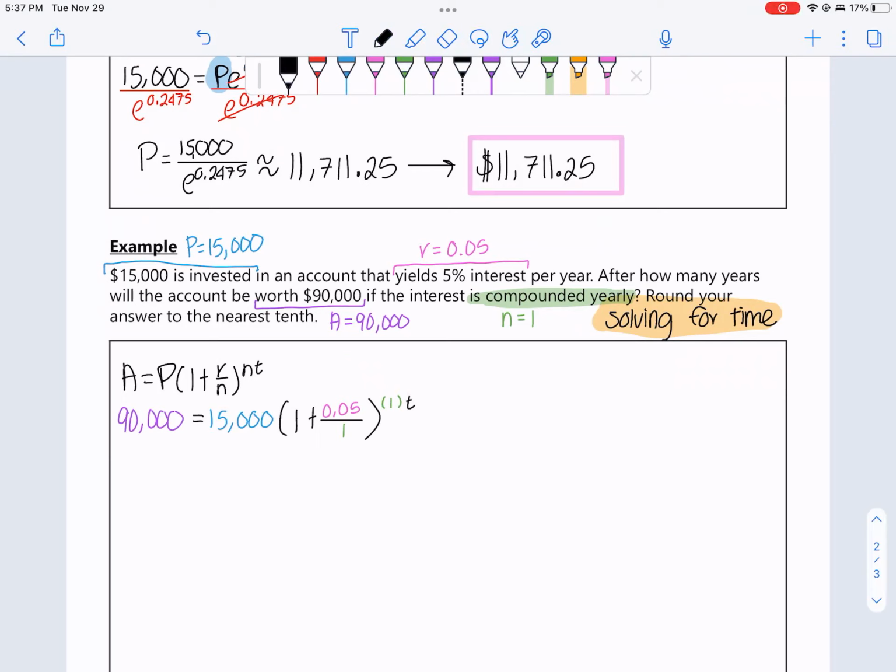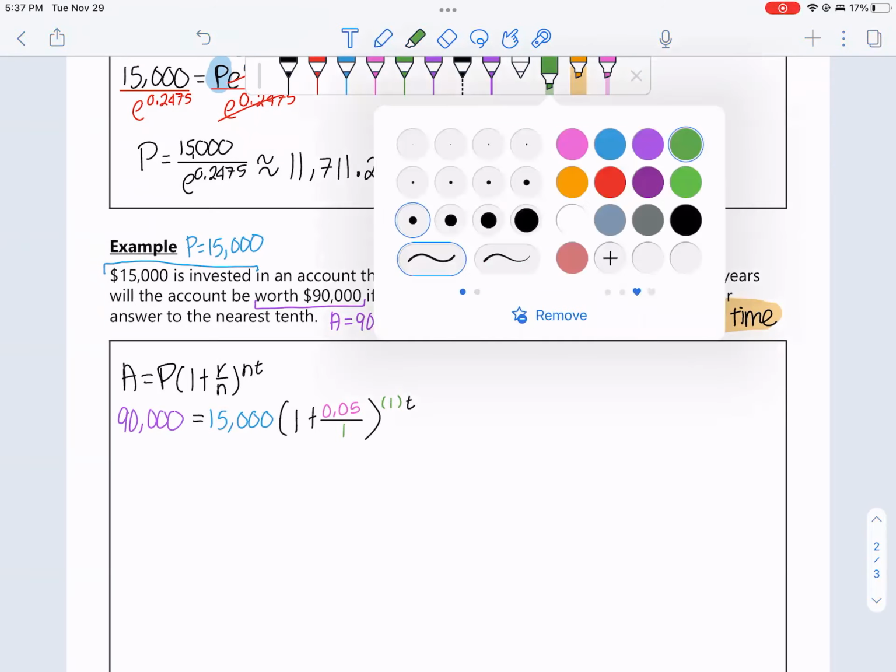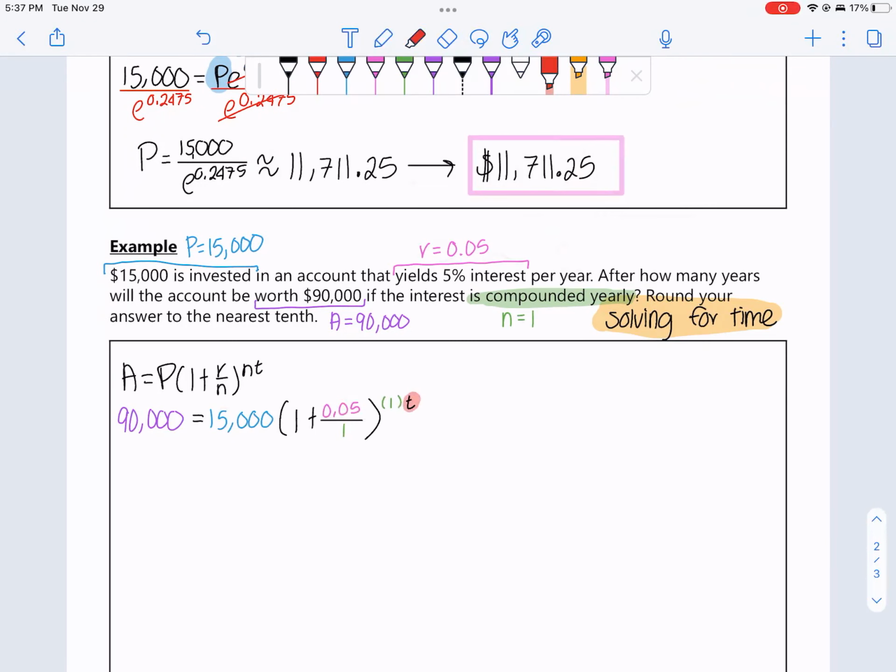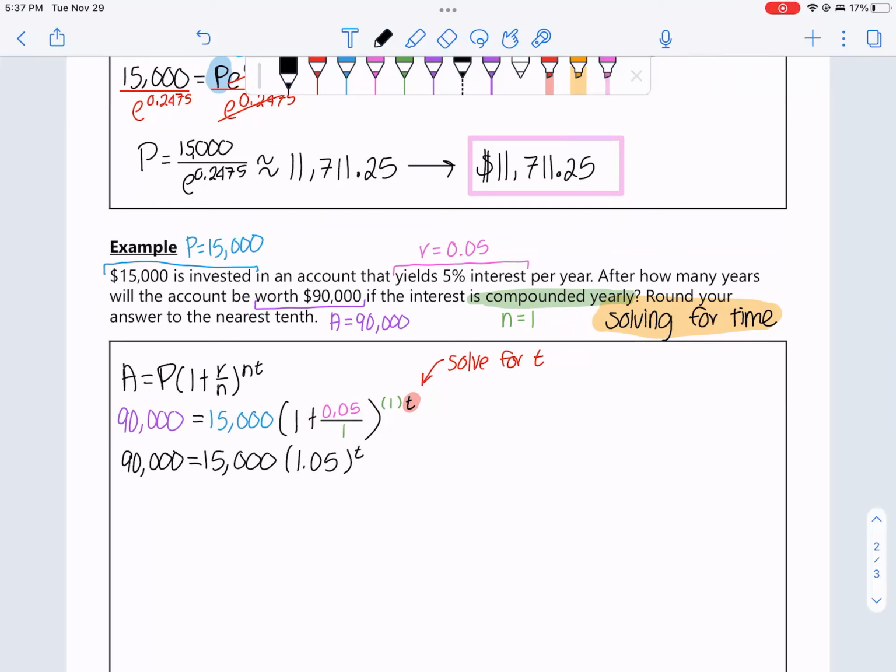That is what we are looking for here. I'm going to begin with simplifying this number in here because it simplifies nicely. 1 plus 0.05 divided by 1 is going to be 1.05. 1.05, all raised to the 1 times t is just t.